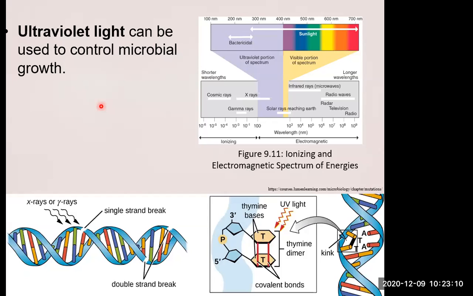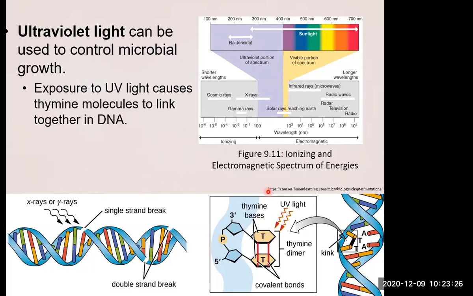All right, so we know that visible light follows a certain wavelength, and part of the light spectrum that's smaller than visible light is UV light. This can cause thymine in DNA to attach to nearby thymine.